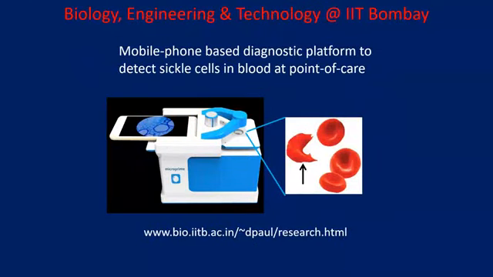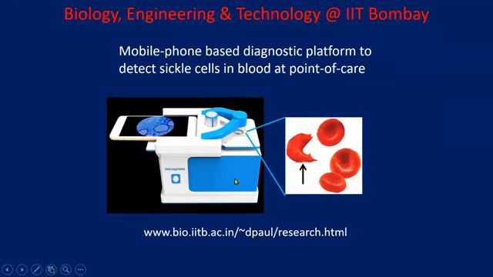Here at IIT Bombay, there are many scientists, many academicians. They have developed unique products, and again, these are developed by engineers like you, physicists like you, or chemists. This particular example is a mobile phone-based diagnostic platform to detect sickle cell in the blood.